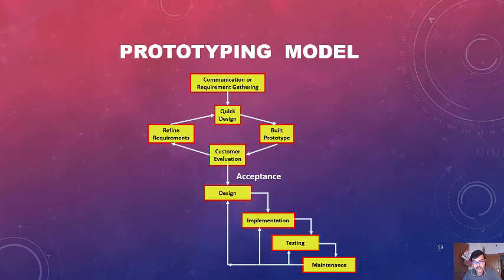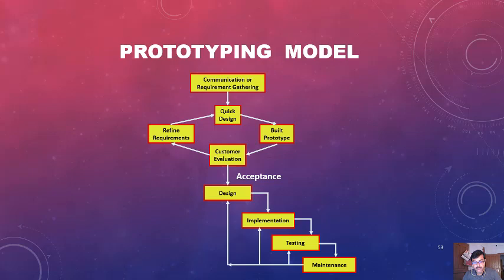Feedback is used to refine requirements for the software, and the iteration occurs as the prototype is tuned to satisfy the needs of the customer, while at the same time enabling the developer to better understand what needs to be done.